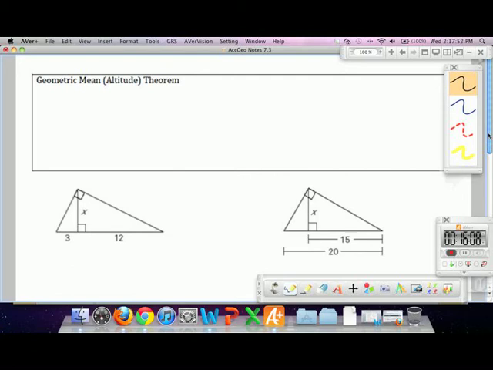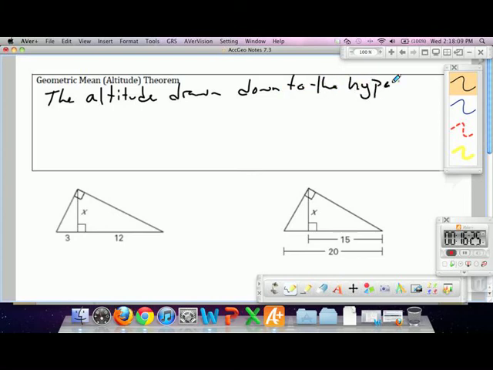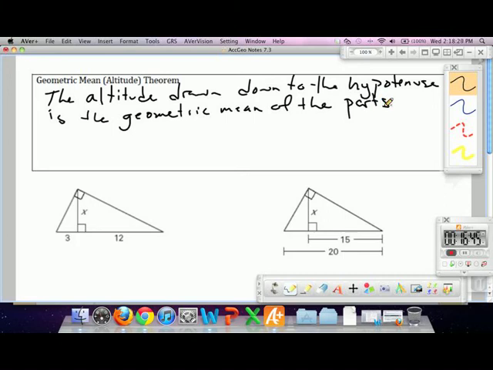This says that the altitude drawn down to the hypotenuse is the geometric mean of the parts of the hypotenuse created.